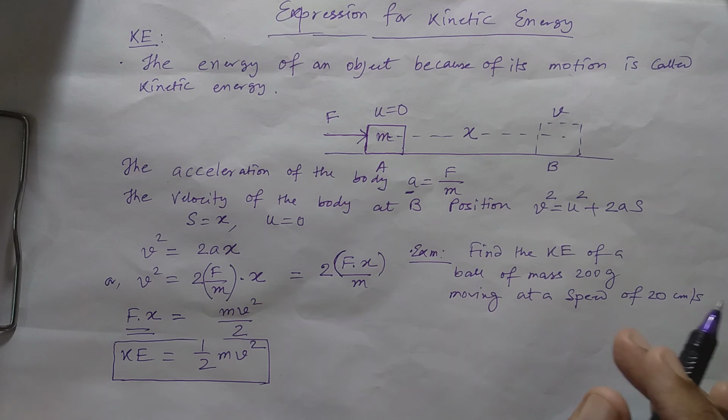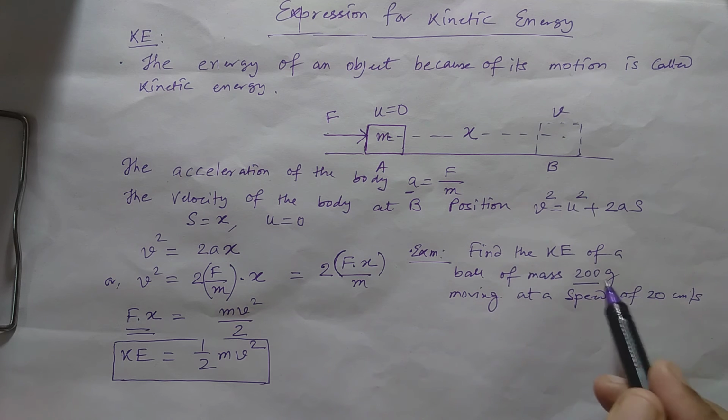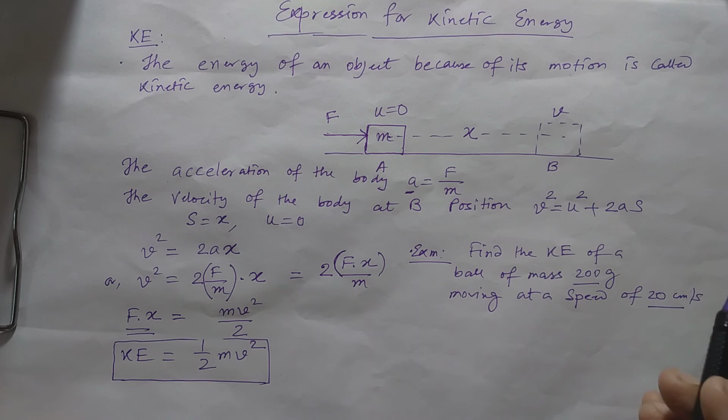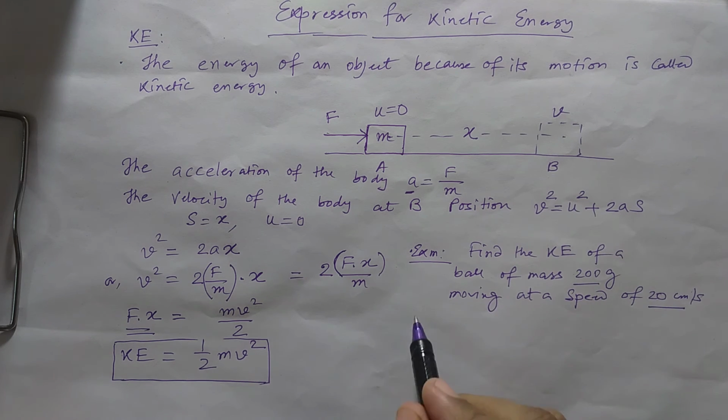First thing you have to do, see the units: this is gram and this is centimeter per second. You have to convert into SI units, as these are all CGS units.